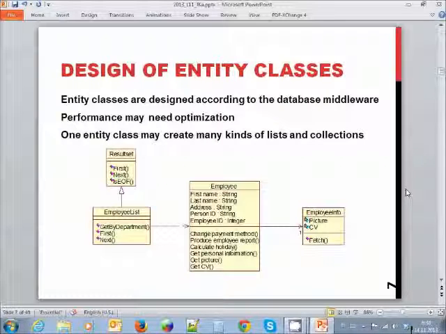Of course, for performance needs, like in a large online service, there may be requirements for optimization or the ability to distribute the data so that it's accessible even if one branch of the system is not available. But in any case, the entity class is the one which most closely resembles the actual implementation.